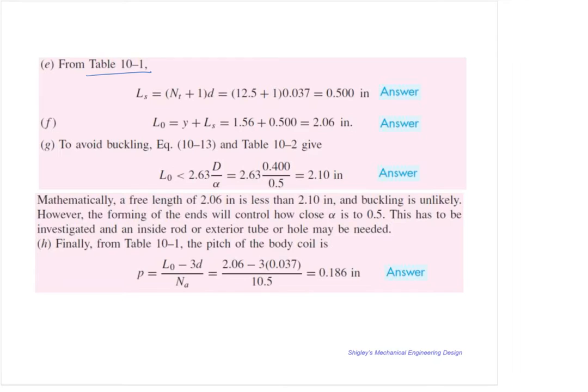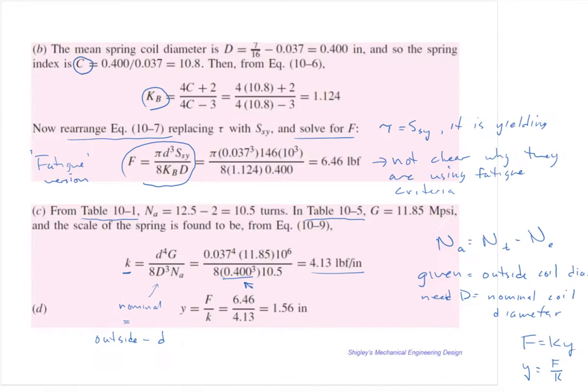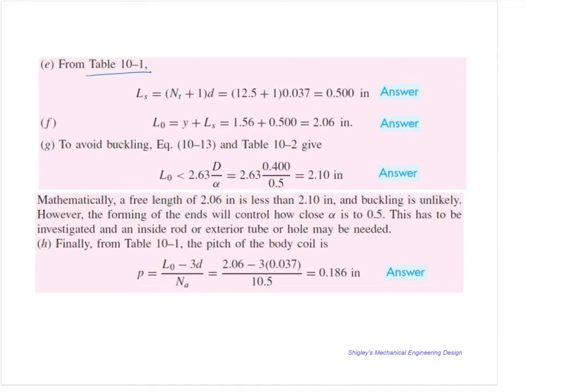What should the free length be such that the spring won't yield when you compress it to its solid length? That's essentially what they're asking in F. That's not how they word it, but what length should the spring be to ensure that when it's compressed solid and then released, there will be no permanent change or presetting in the free length? That essentially means that if you compress it, you don't reach the yielding deflection.